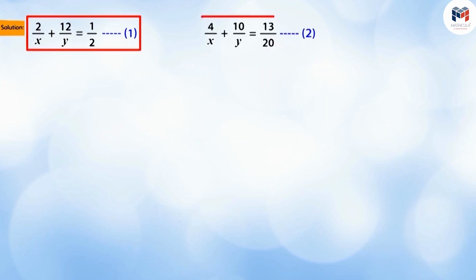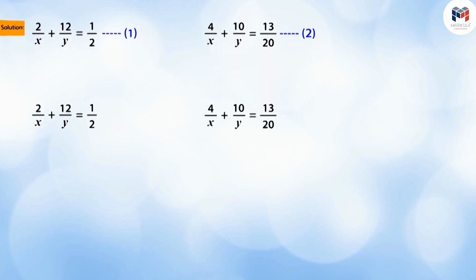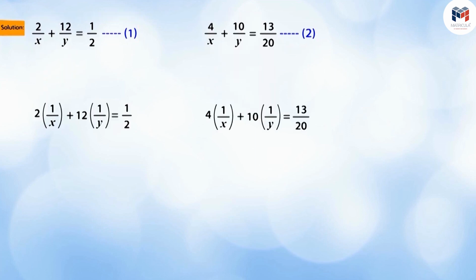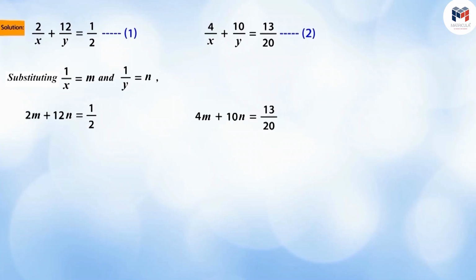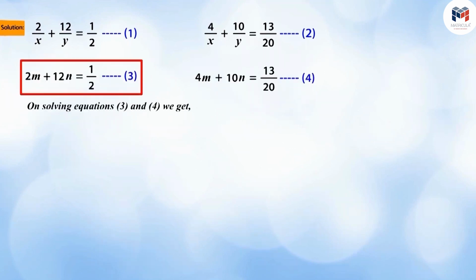You can see that equations 1 and 2 are not linear equations. If we write equations 1 and 2 in this form, replacing 1 by x with m and 1 by y with n in both the equations, then we get equations 3 and 4.